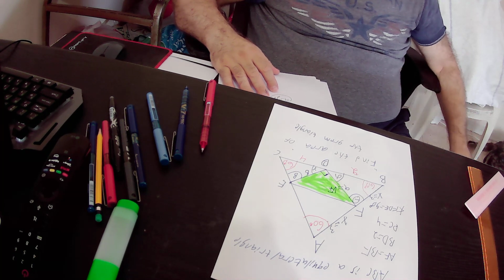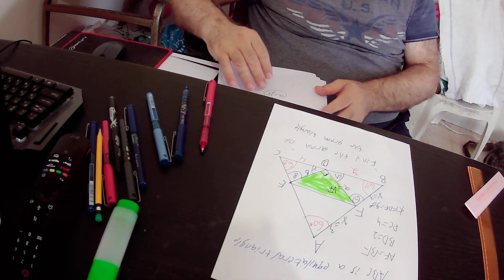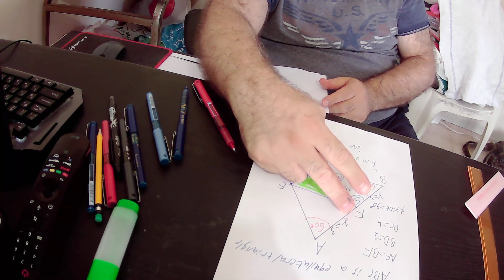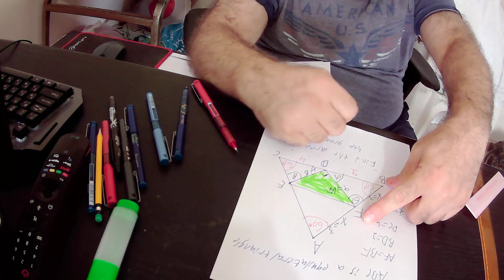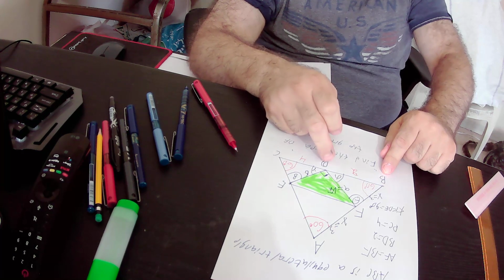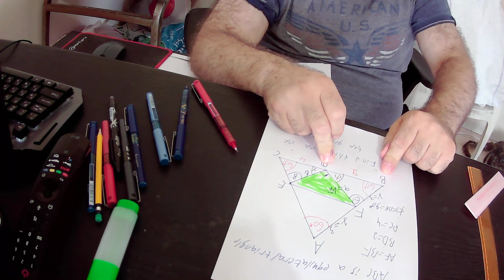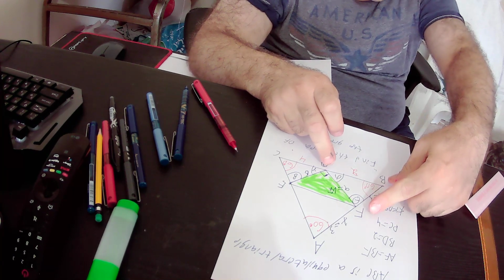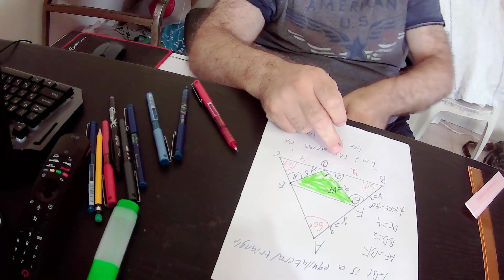According to the law of cosines, A squared equals BF squared plus BD squared minus 2 times BD times BF cosine 60 degrees.